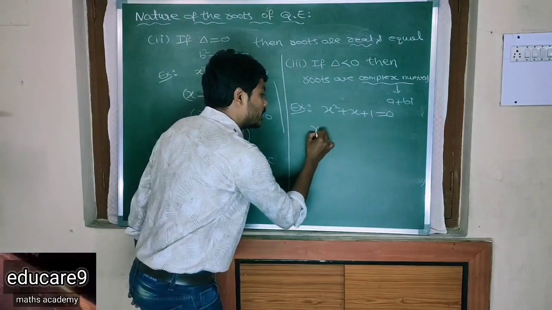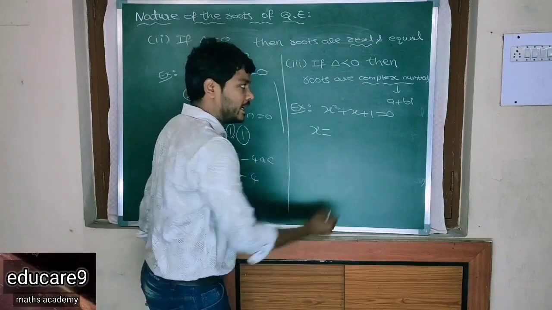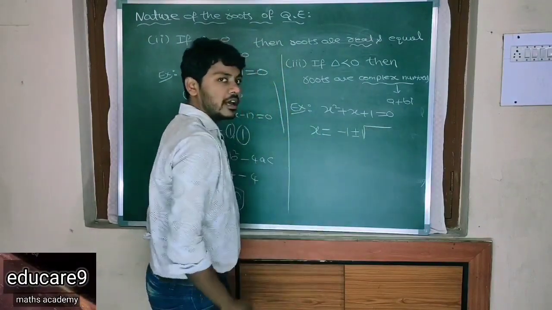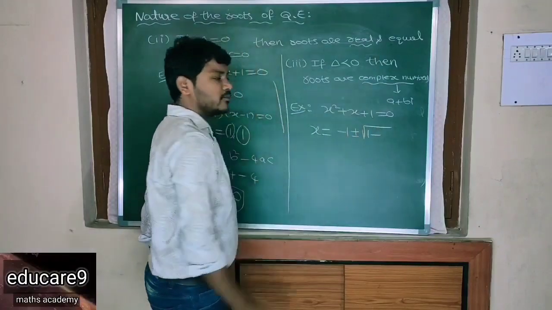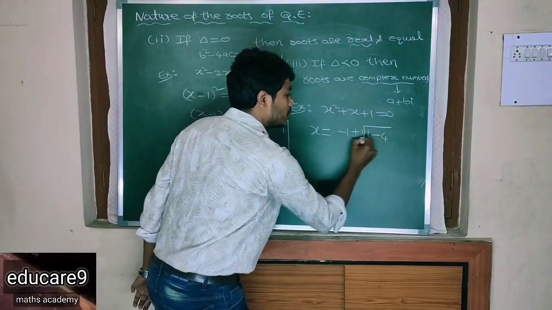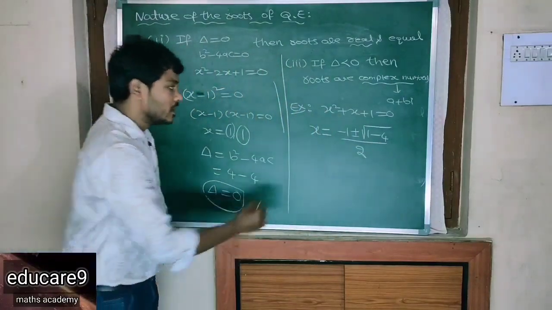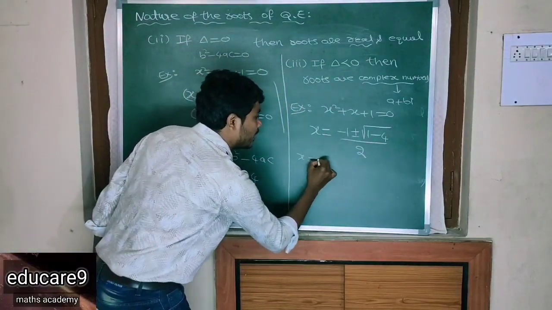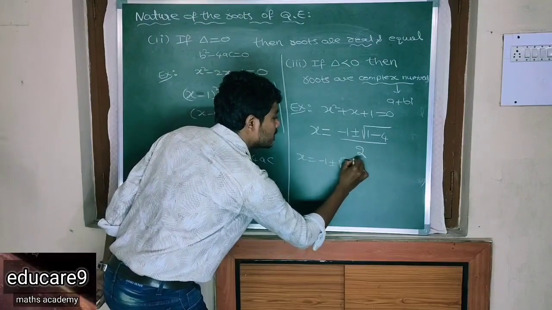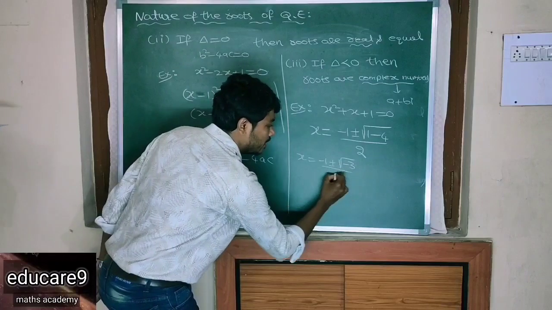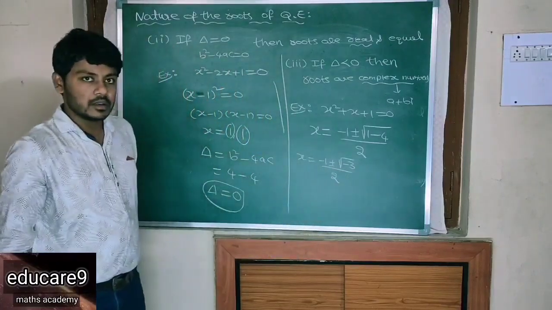So for that we have to write x is equal to minus b, that is minus 1, plus or minus root of b square, that is 1, minus 4ac, that is 4, divided by 2a. Now this is x is equal to minus 1 plus or minus root of minus 3, divided by 2.